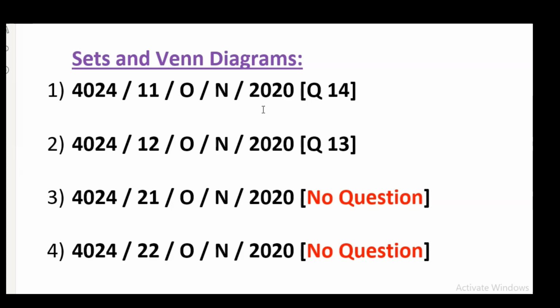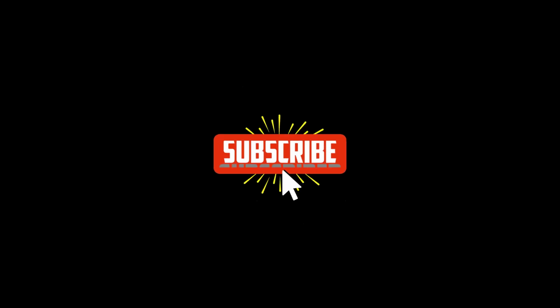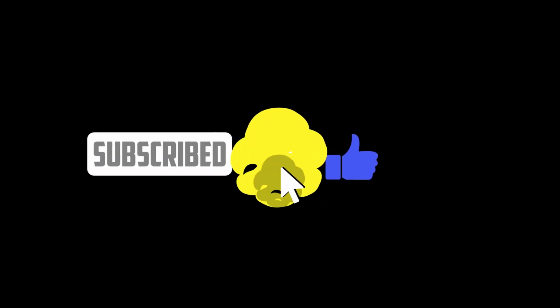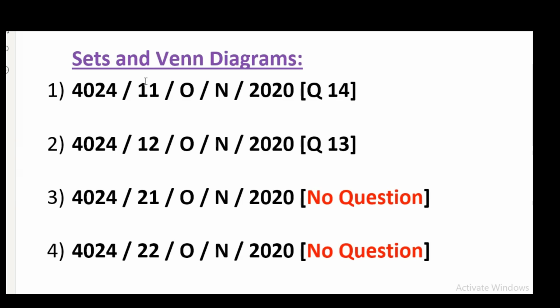So, as you are watching, in 4024 paper 1, variant 1, October-November 2020, there is question number 14 from this topic, sets and Venn diagram, and in 4024 paper 1 variant 2, October-November 2020, question number 13 from the topic sets and Venn diagram.